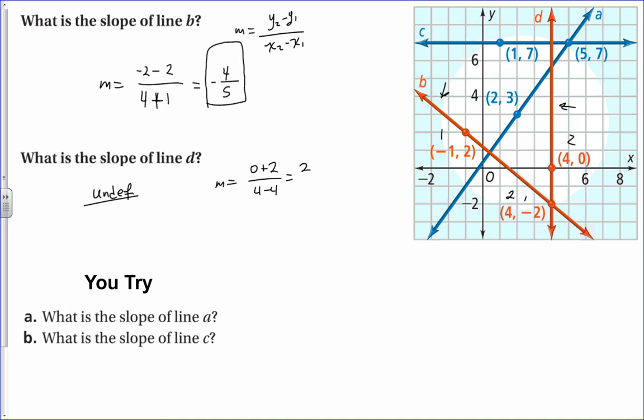So you're going to have 2 over 0, which of course is undefined. So that is why a vertical line has an undefined slope.